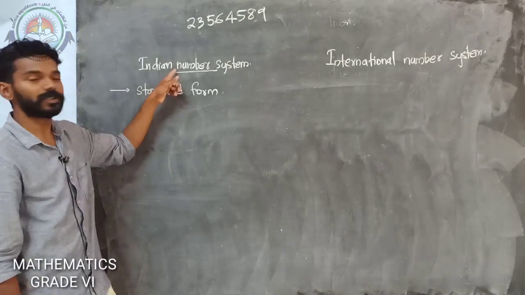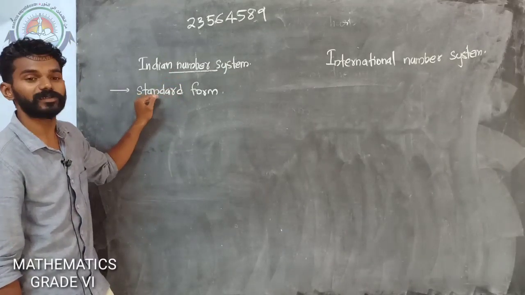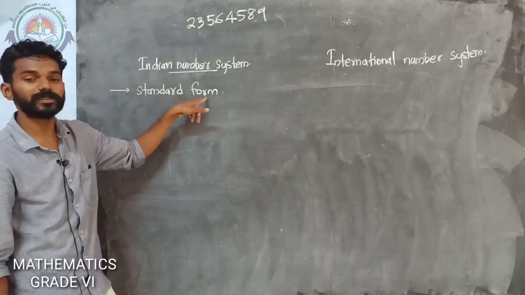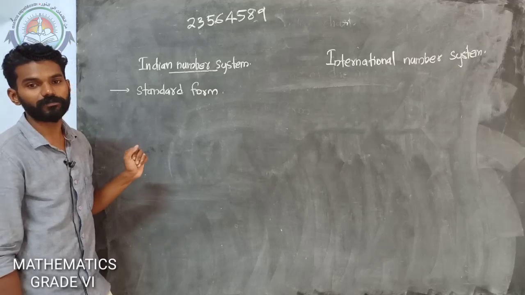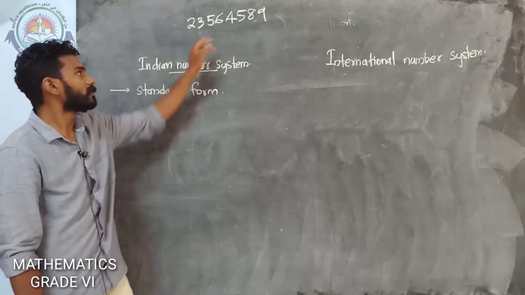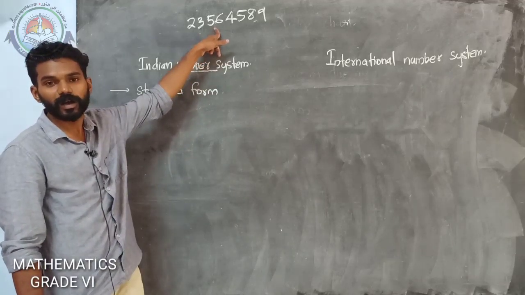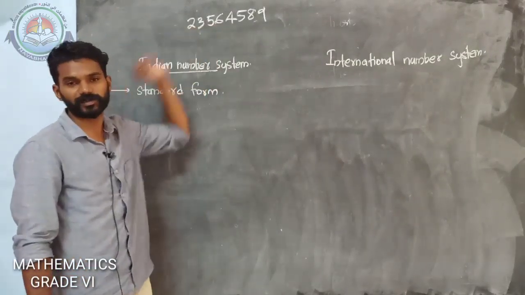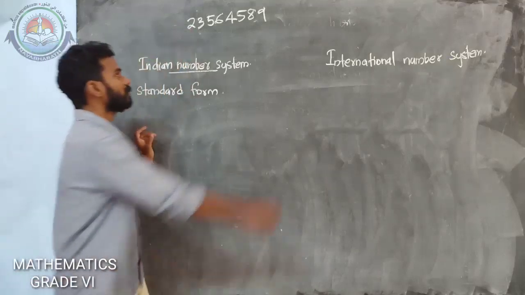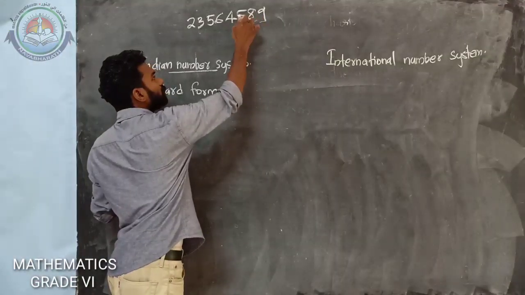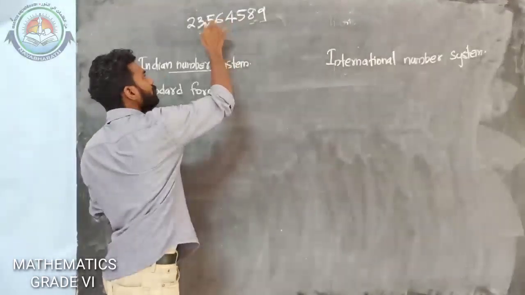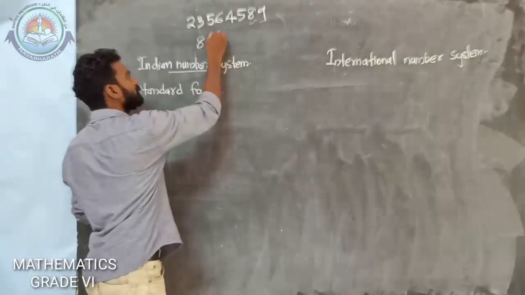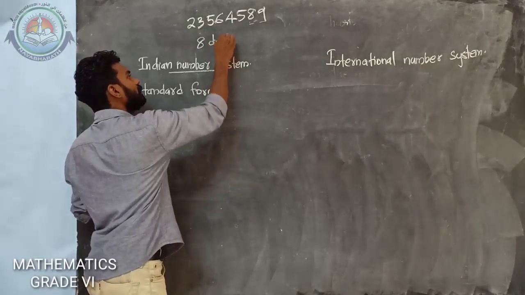Now we are going to express the given number in its standard form. Look at the number. How many digits are there in this number? You can count it: 1, 2, 3, 4, 5, 6, 7, 8. So this number is an 8-digit number.